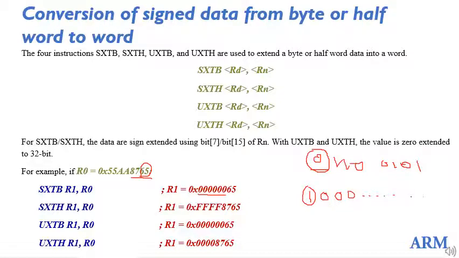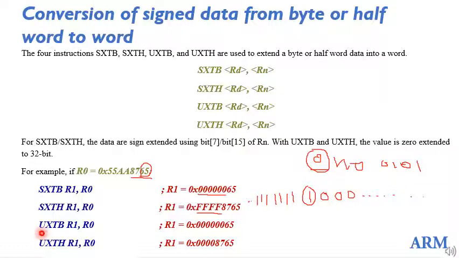So this has to be sign extended to form the 32-bit word. So this 1 will be copied to all the bits from bit number 16 to 31. So FFFF8765 will be the result after sign extension.